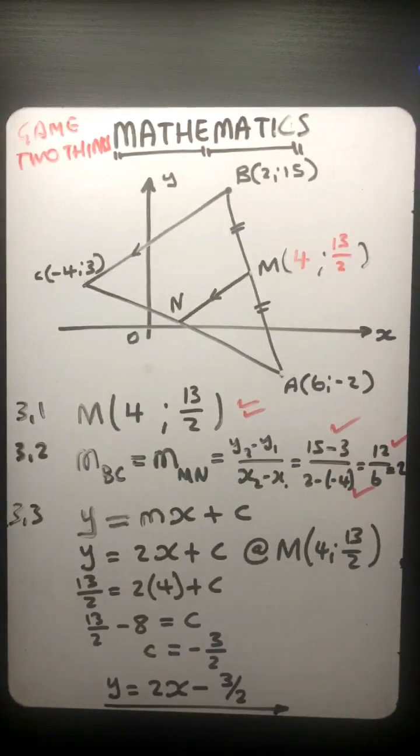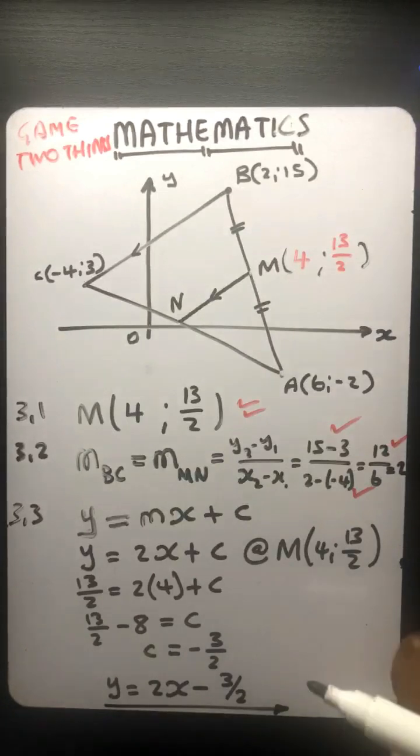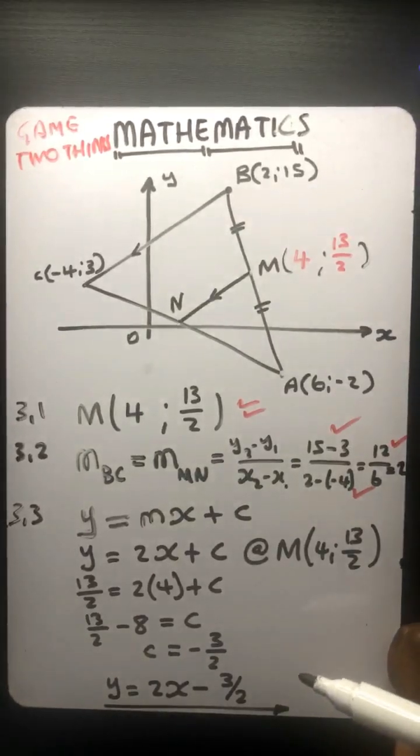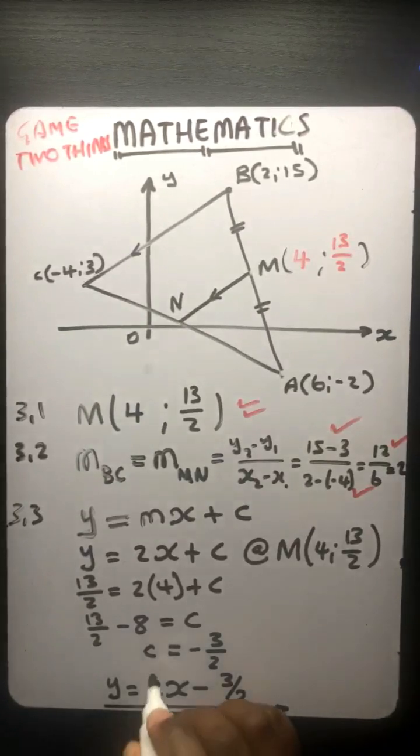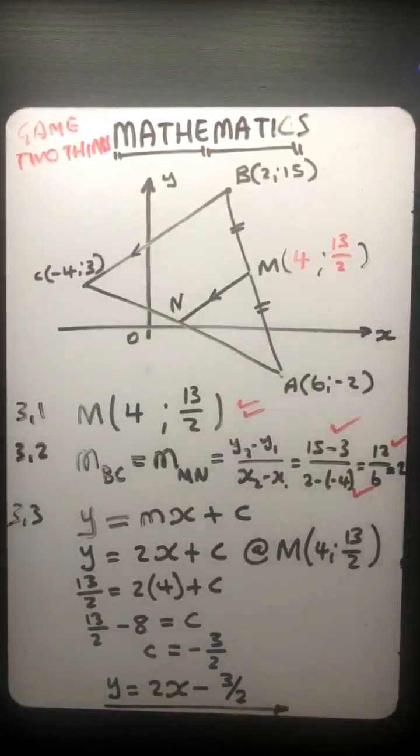But what makes you confident that possibly this is correct? Because the line that we are having there is passing from the first quadrant to the third quadrant. So that is confirmed by the gradient.